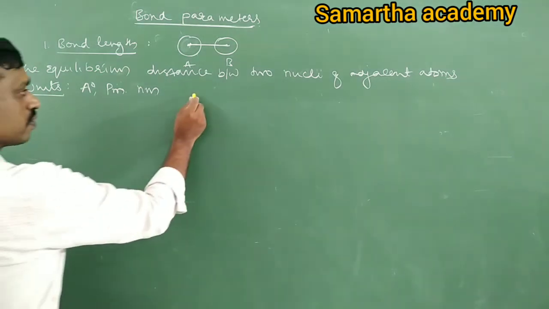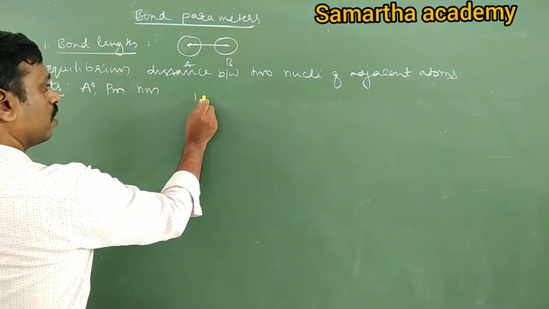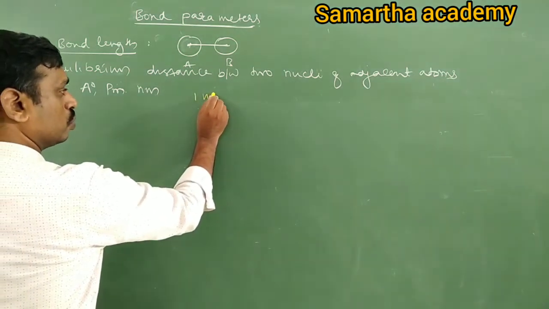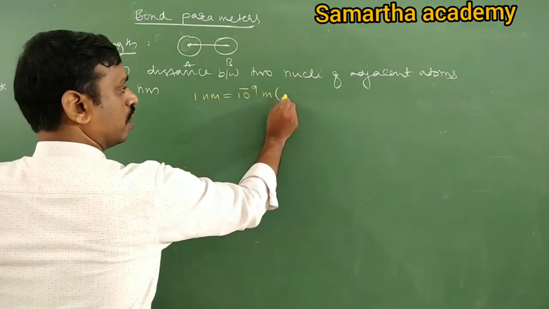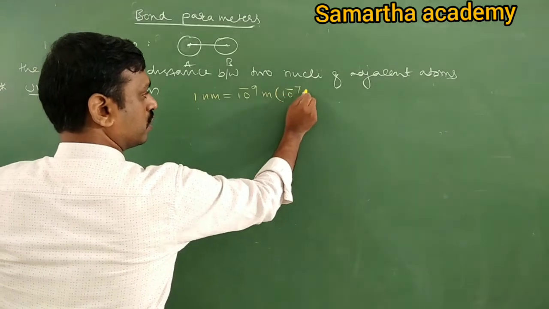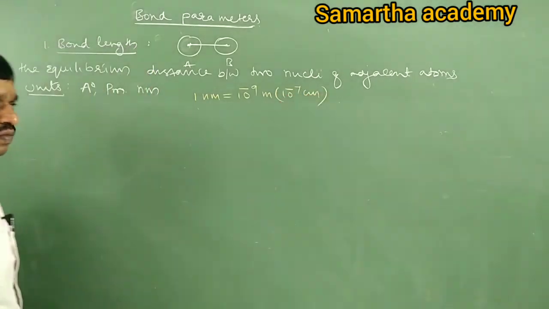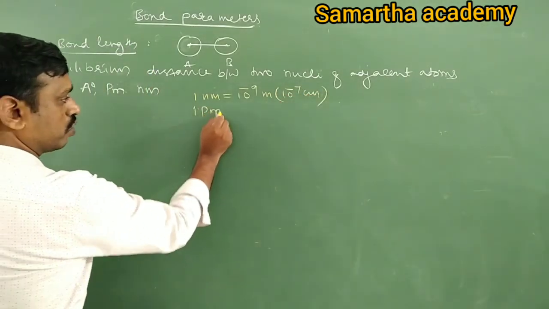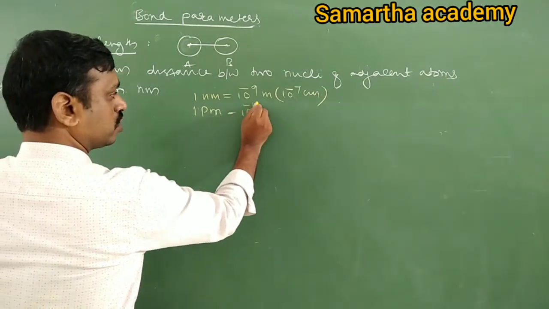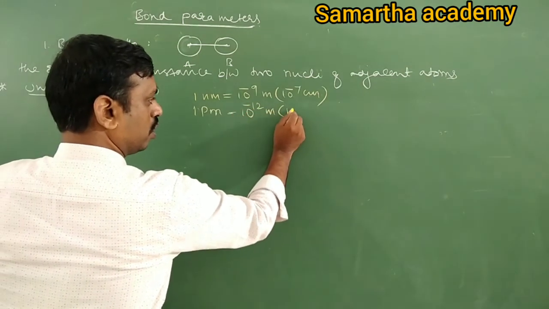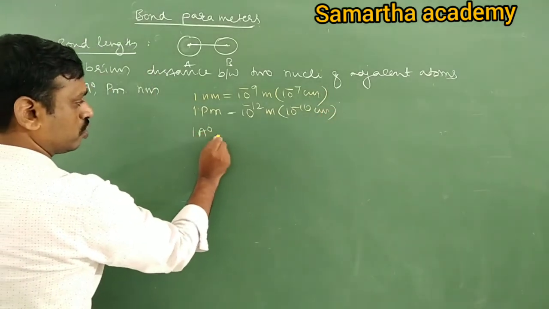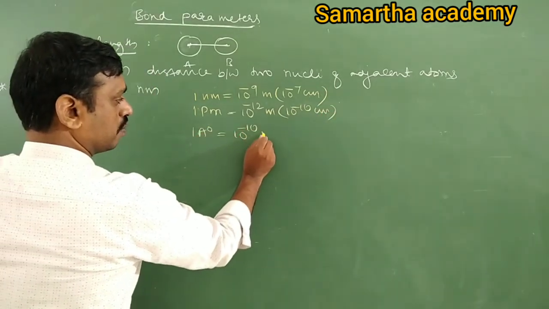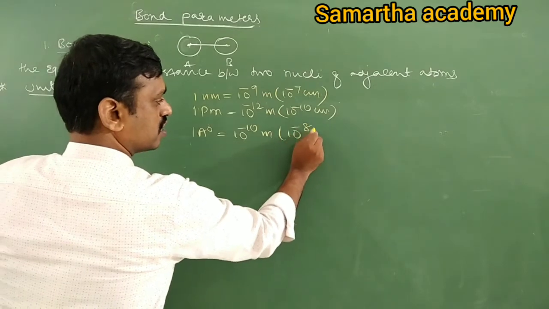Do you remember? 1 nanometer equals 10 power minus 9 meter or 10 power minus 7 centimeter. 1 picometer equals 10 power minus 12 meter or 10 power minus 10 centimeter. 1 angstrom equals 10 power minus 10 meter or 10 power minus 8 centimeter.